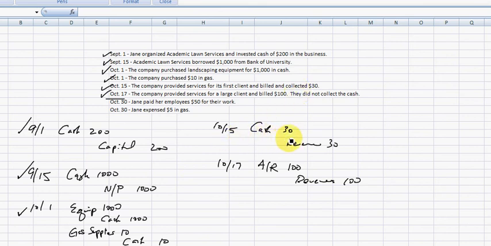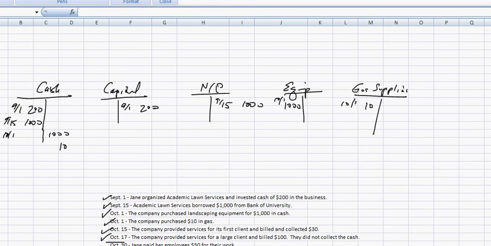Here on 10/15 we start earning some money. So here on 10/15 we get cash of $30. It'll be a debit, and then we can create a revenue account. Just throw it up here on 10/15, revenue of $30.